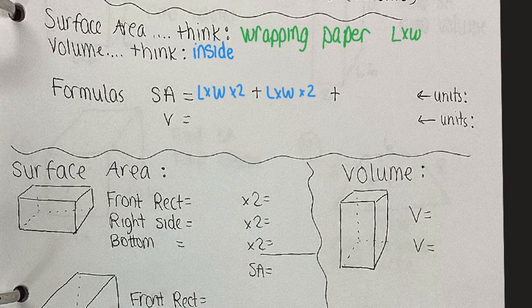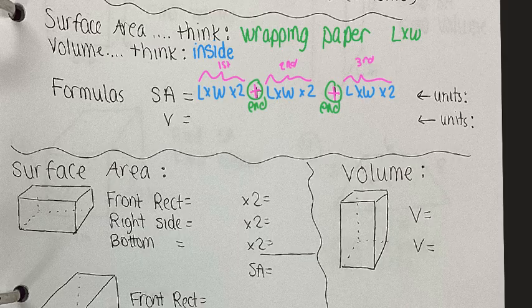Then there's a rectangle on the left side, length times width, and we're going to double it again. Don't forget, order of operations. You do this first, this second, this third, and add at the end. Adding comes at the end.